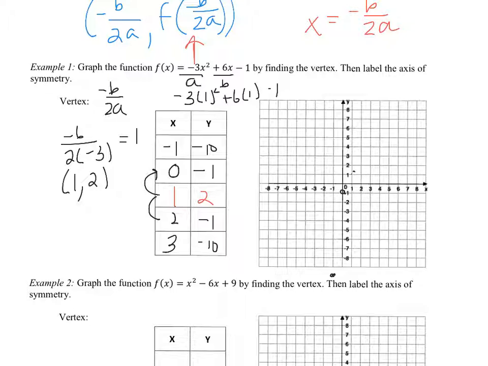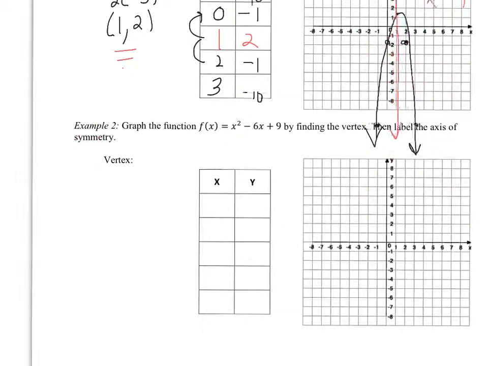So I'm going to do 1, 2, 2, negative 1, and 3, negative 10. So it looks like this. Then label the axis of symmetry. The axis of symmetry is the vertical line that goes through the vertex. So I'm going to write x equals 1 because that is the x value.